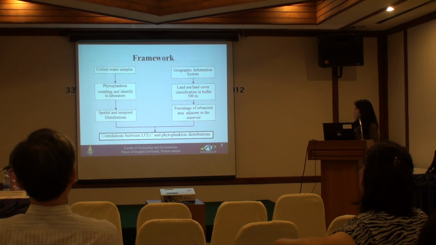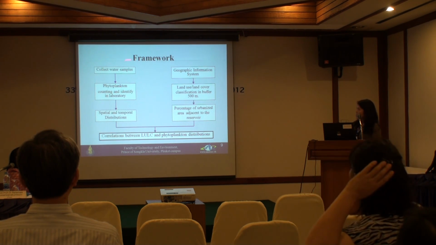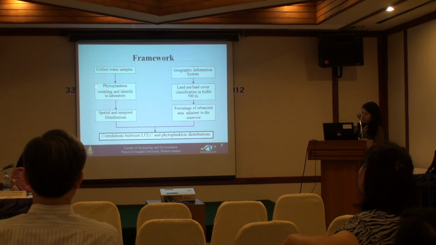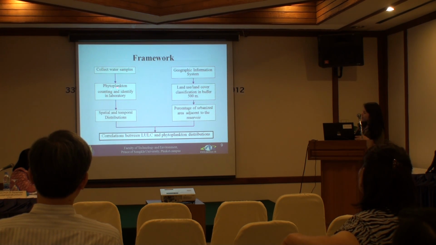This is the framework, positioned in 2 parts. In the left-hand part was the solution for monitoring the phytoplankton community. We start with collecting water samples in 6 sampling sites. After that, we count and identify the phytoplankton community in laboratory.